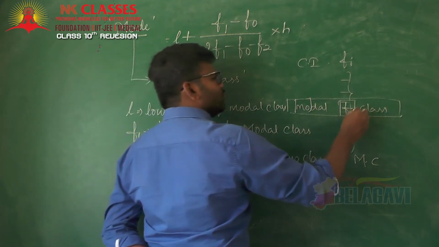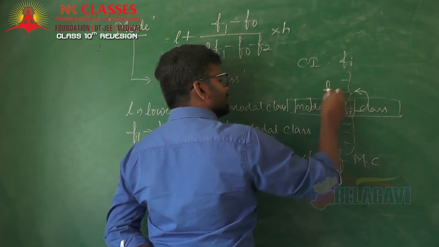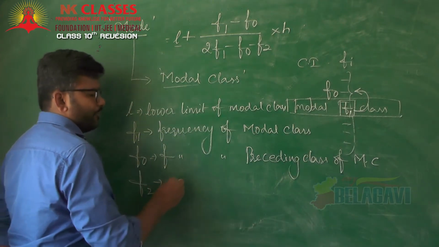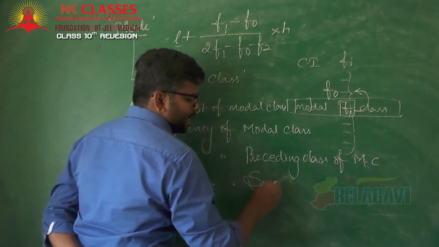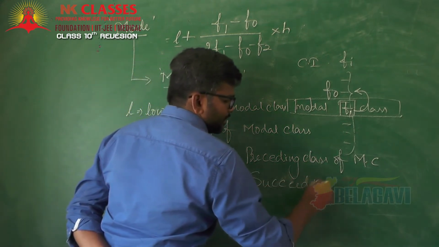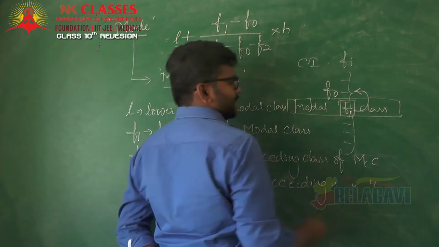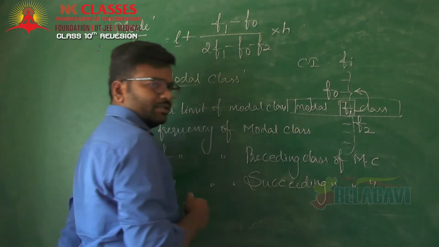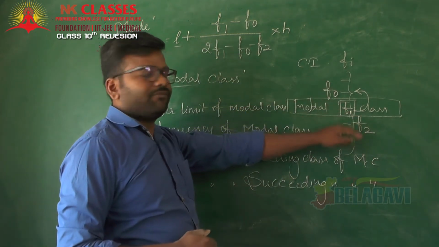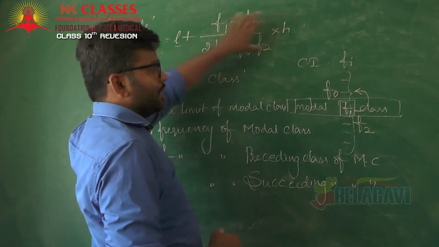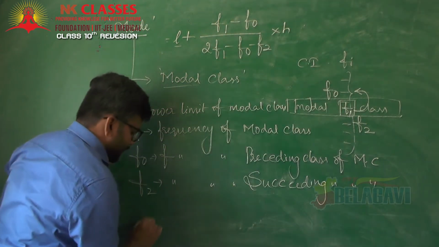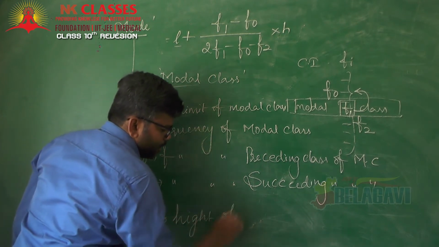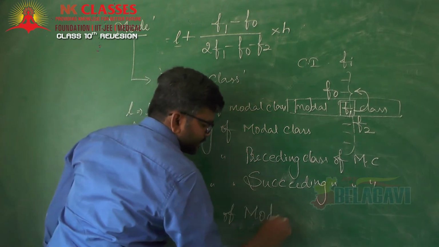F2 is the frequency of the succeeding class of the modal class, that is, the next frequency after the modal class. So F0, F1, F2 are the frequencies that need to be taken. H is the height of the modal class.